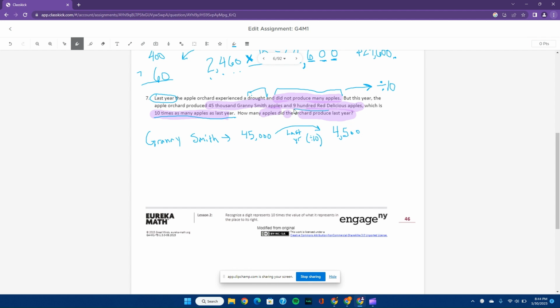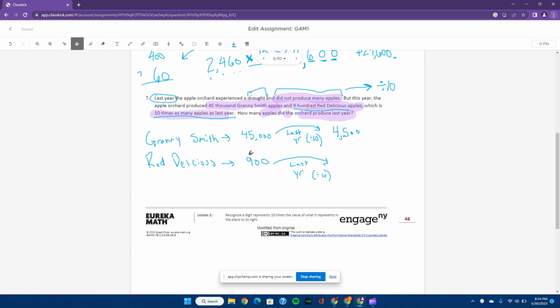Same thing with the Red Delicious apples. $900. And again, to go to the year prior, last year, I need to divide by 10.